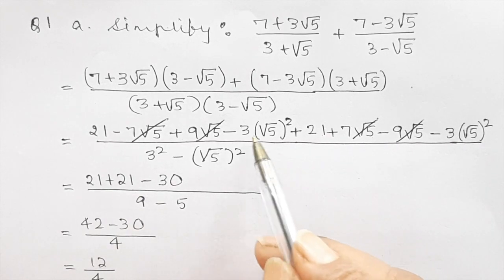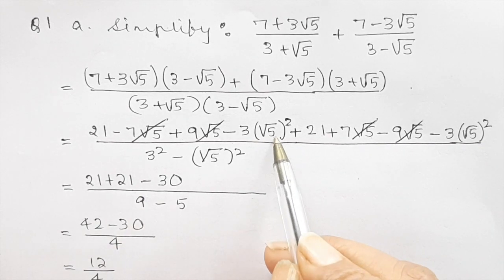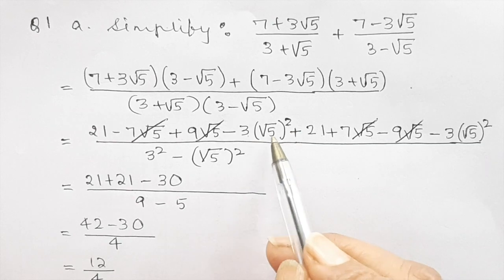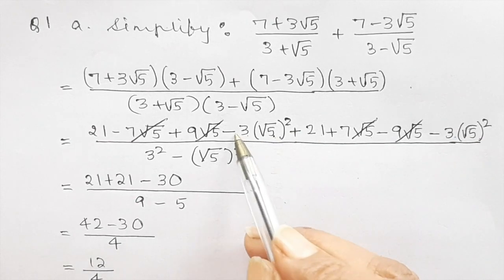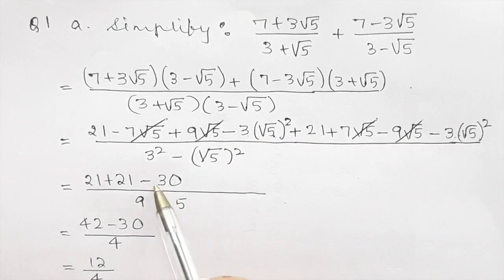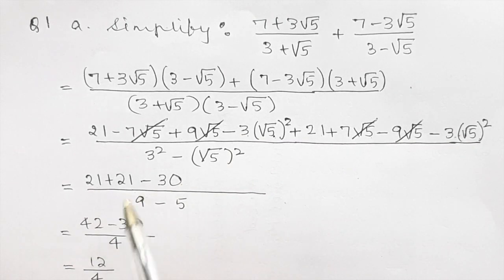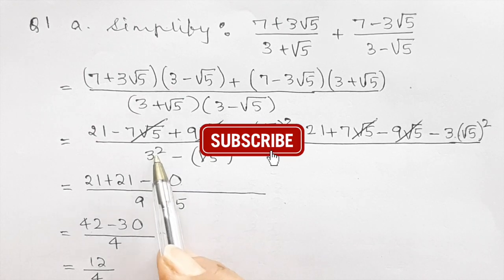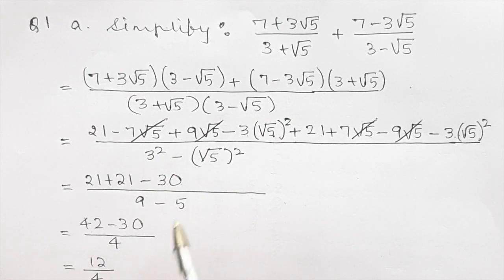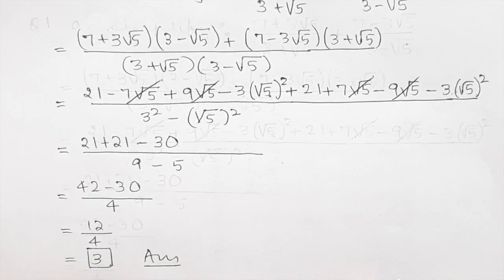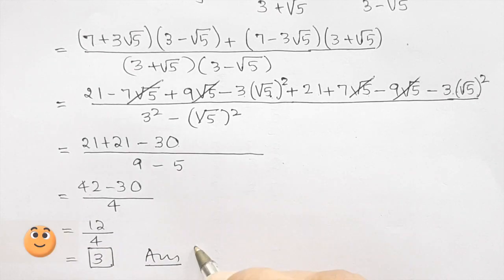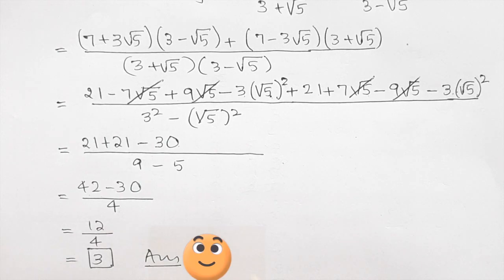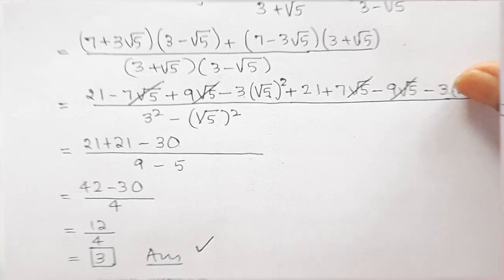Now root 5 into root 5 is 5, so 3 into 5 is 15, and this also 3 into 5 is 15. This is minus 15, so minus 30. So it becomes 21 plus 21, that is 42 minus 30. And here it becomes 9 minus root 5 square, which is 5, so that is 4. So you get 12 upon 4, and that is 3, which is our answer. Okay, so if you got that, give yourself a star.